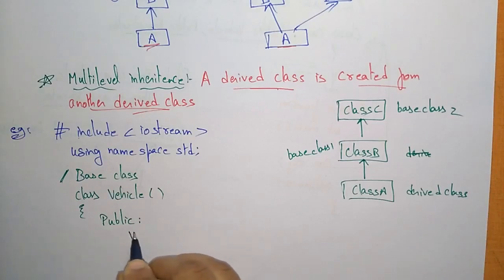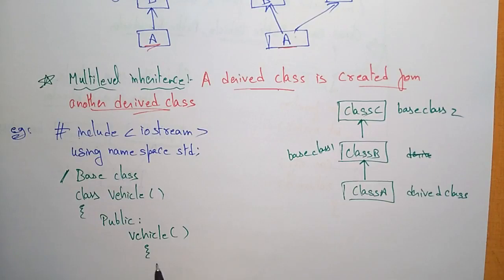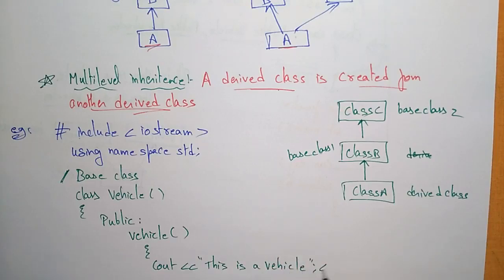Vehicle is the function name. Here I am printing the message: this is a vehicle. Then I close the class vehicle.